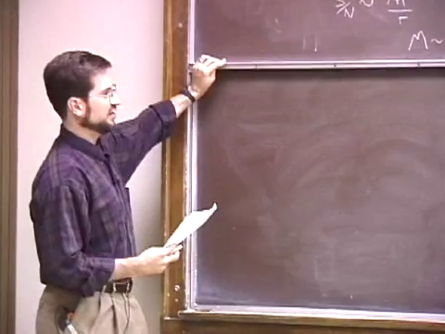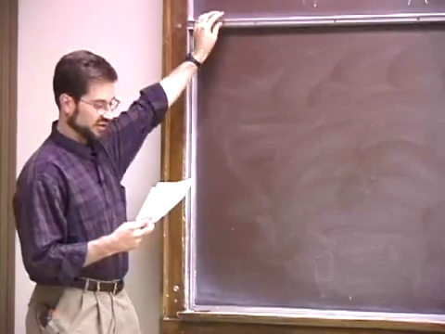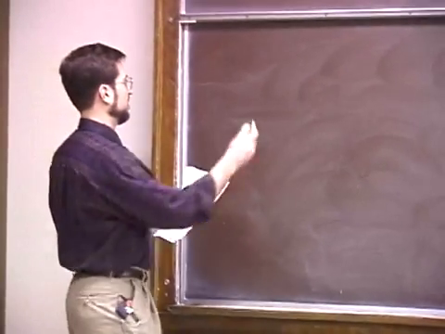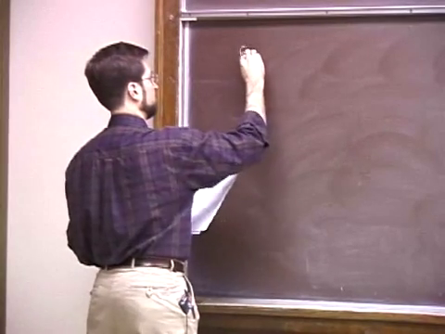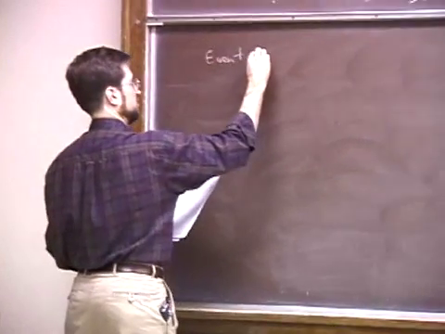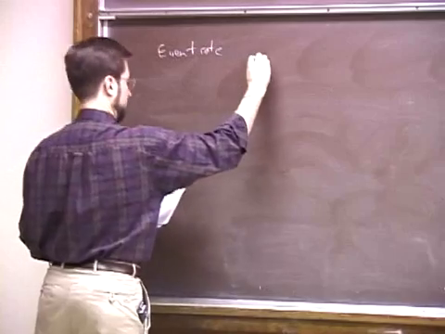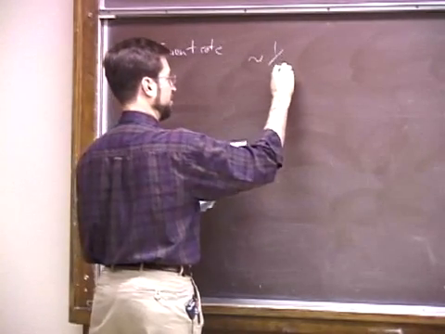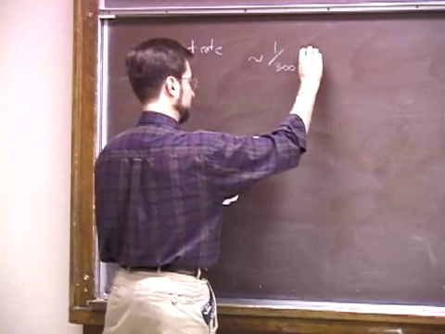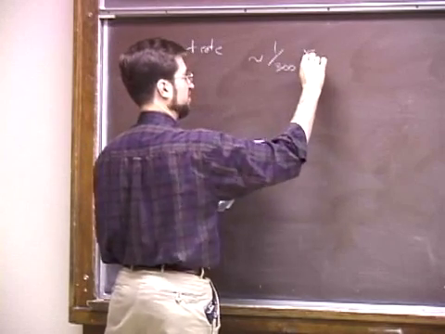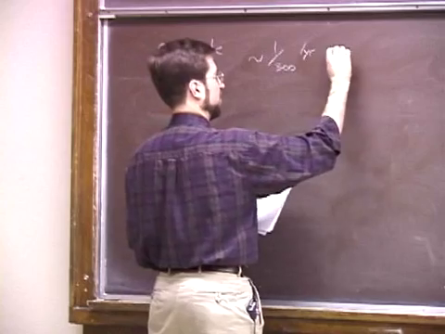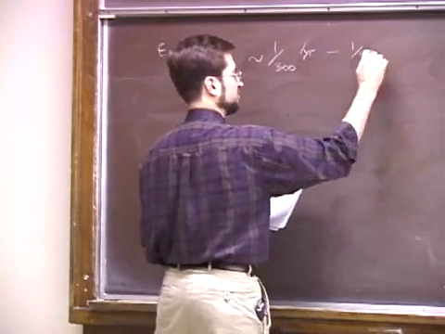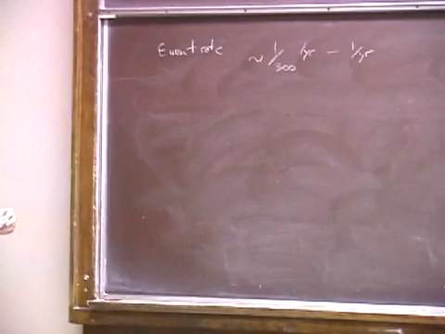So the event rate that people estimate for this, and again this is uncertain, is somewhere between 1 over 300 per year to about 1 per year for LIGO 1.